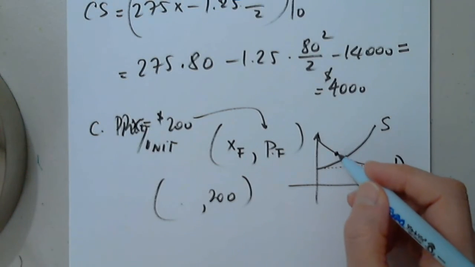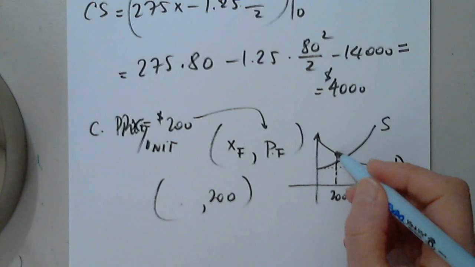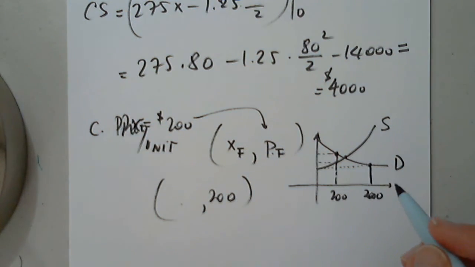Or it could be here, 200. Either for this or for this. So what do they call this? They don't specify what this is, because it's called the price floor. Okay, the price floor is the minimum price at which the product may be sold.